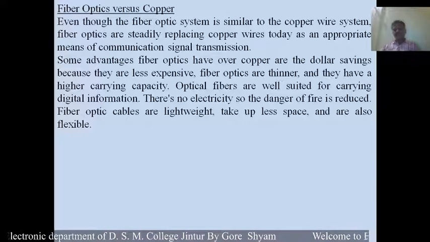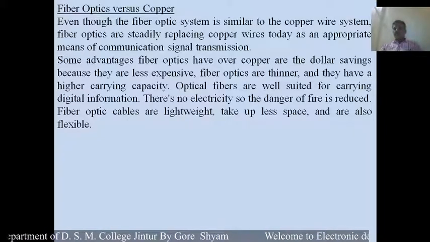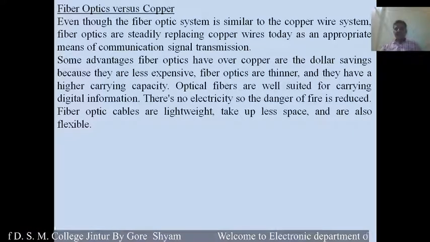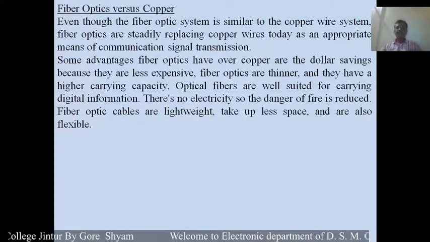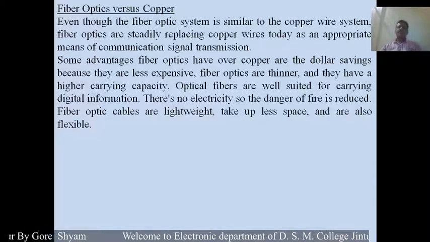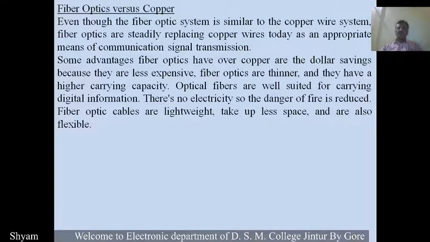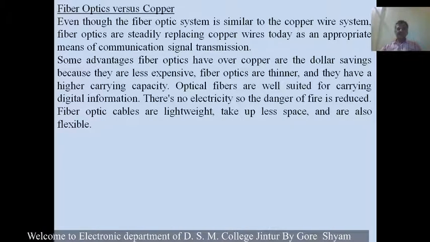When we compare the optical fiber with the copper wire, you know that before optical fiber, information was sent from one place to another with the help of copper wire. Therefore the copper wire is very popular. But today fiber optics is replacing copper wires, because optical fibers have many advantages.